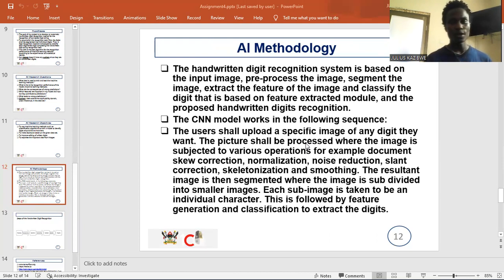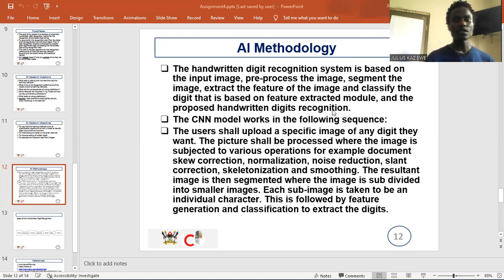If we have a string of digits, say 1999, we have to first segment it so that this one image is segmented into singular digit images, so that we make a prediction based on each of them and get a good prediction.